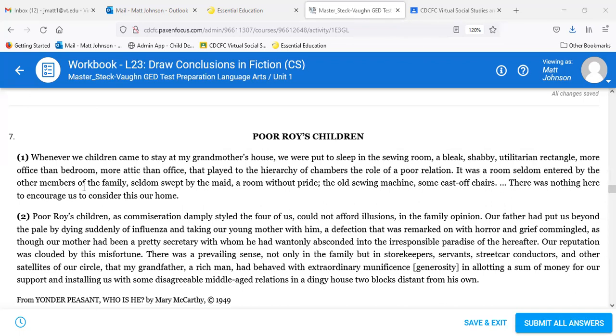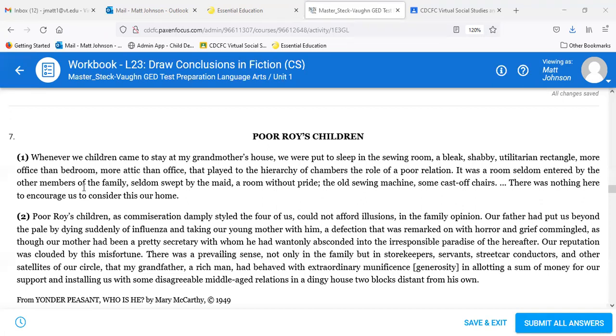There was a prevailing sense, not only in the family, but in storekeepers, servants, streetcar conductors, and all the satellites of our circle, that my grandfather, a rich man, had behaved with extraordinary munificence, generosity, in allotting a sum of money for our support and installing us with some disagreeable middle-aged relation in a dingy house 2 blocks distant from his own.